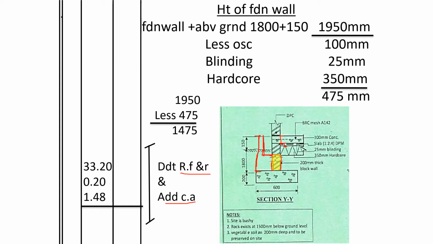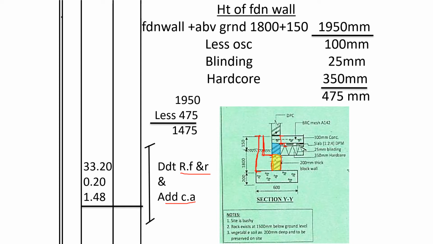The part in blue did not have any soil. Though there is a foundation wall, there was no soil over there. We had already reduced the level. So the foundation wall is only replacing the part which is yellow in color, and that's why we want to find the volume of that yellow part.